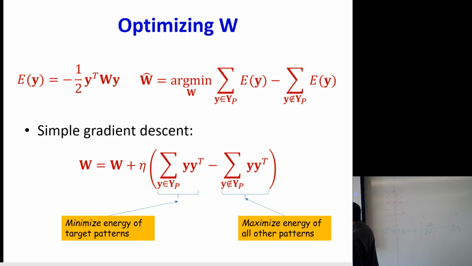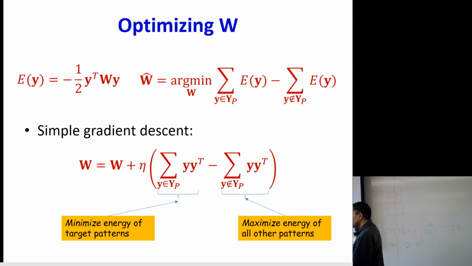So this means that if I think of this in terms of vectors, if I say E equals minus y transpose W y, then if I take the gradient of the energy with respect to w, that's simply going to be minus y y transpose, right?